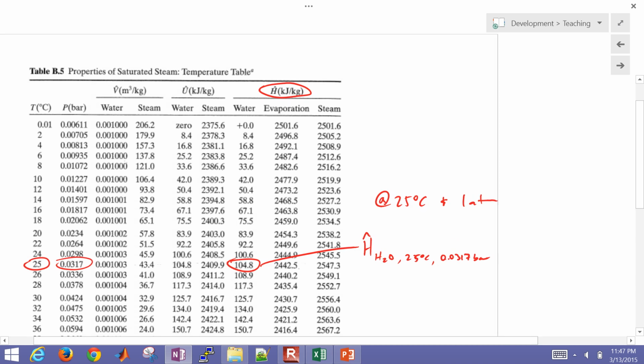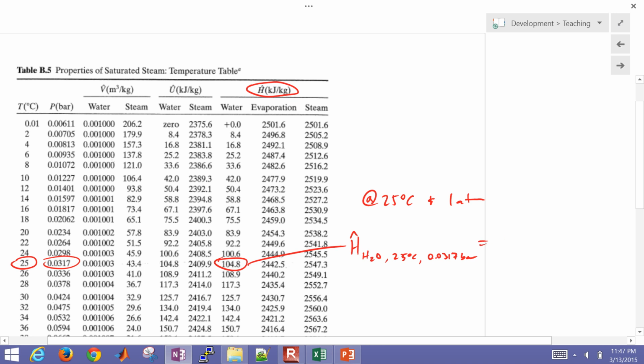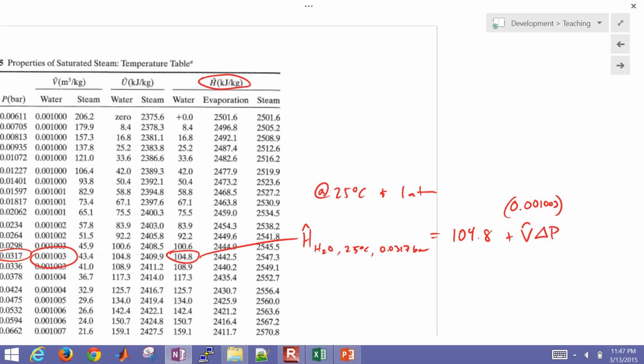And so that's going to be equal to 104.8 plus a specific volume times delta pressure. The specific volume is right here, 0.001003, and then times a delta pressure. That's going to be about 1 bar or 1 atmosphere.